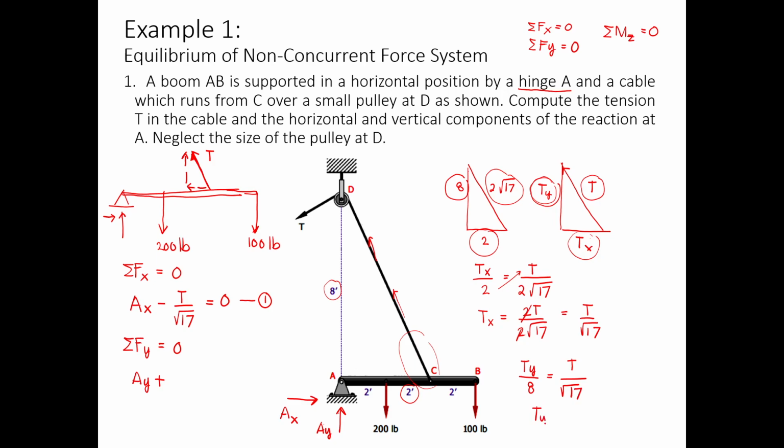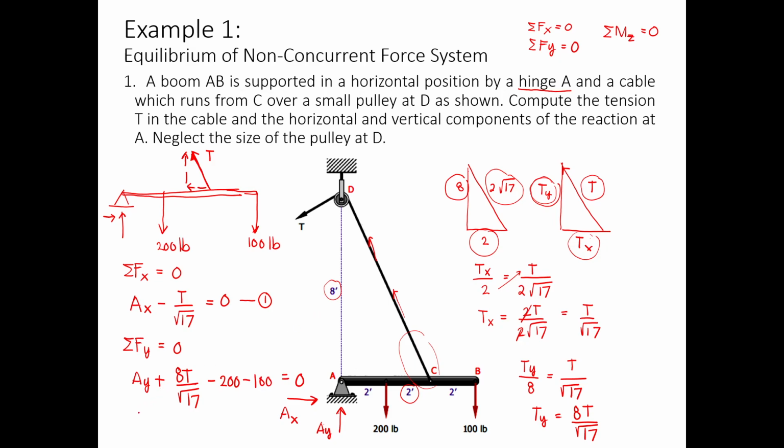So Ty is equal to 8T all over square root of 17. So this will be 8T all over square root of 17, and then minus 200, then minus 100 equals 0.